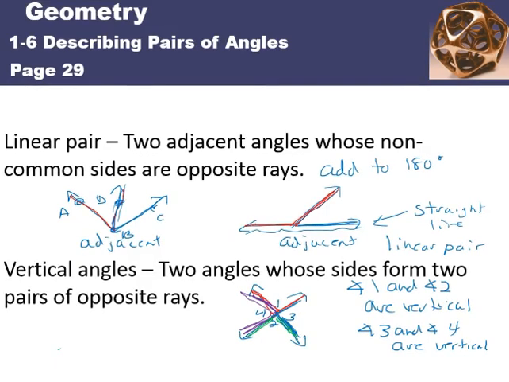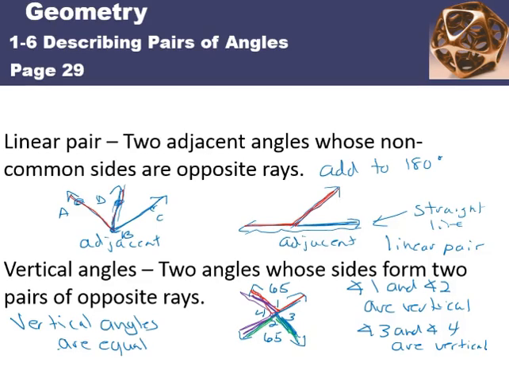And vertical angles are equal. So let's write that down. Vertical angles are equal. So what that means is if this is 65, then angle 2 would have to be 65.